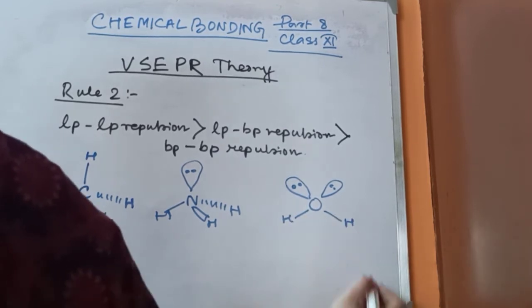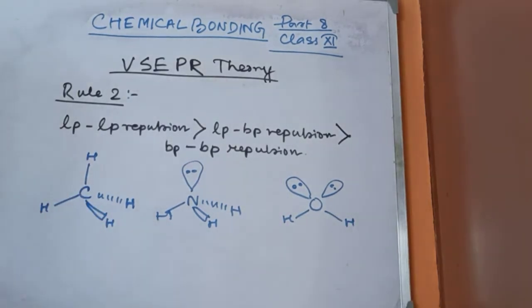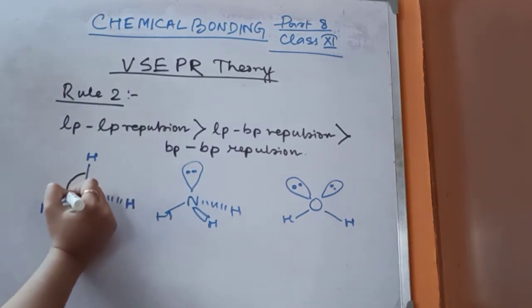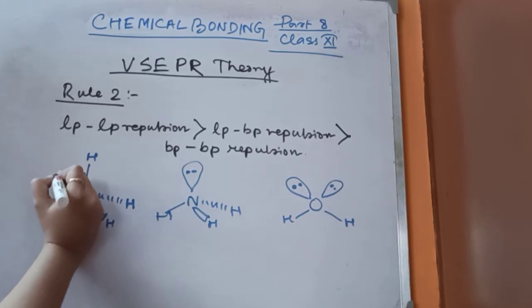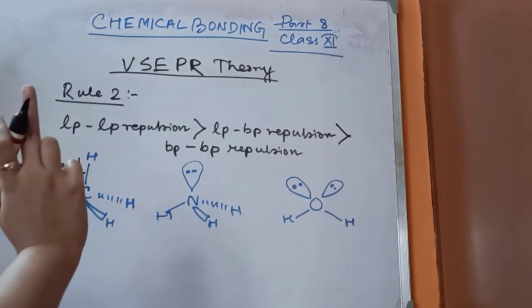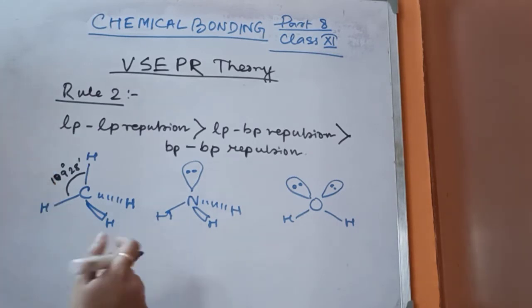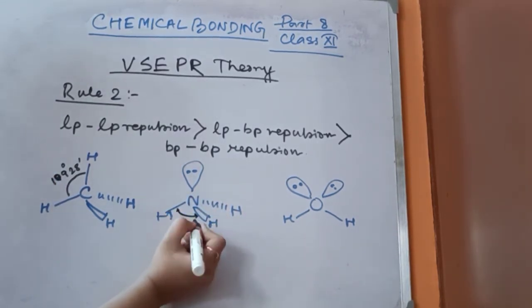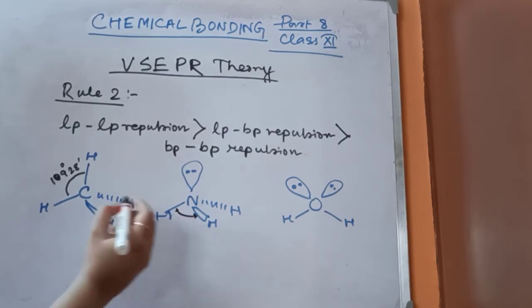In methane, the bond angle is 109 degree 28 minute, the ideal bond angle of tetrahedral.